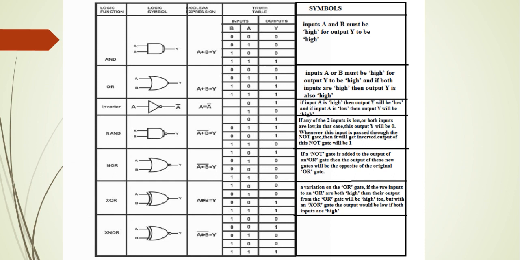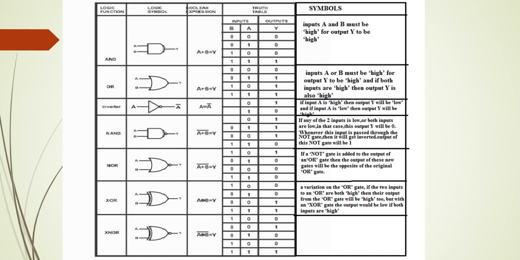AND gate: inputs A and B must be high for output Y to be high. OR gate: input A or B must be high for output Y to be high, and if both inputs are high, then output Y is also high. Inverter: if input A is high, then output Y will be low, and if input A is low, then output Y will be high.